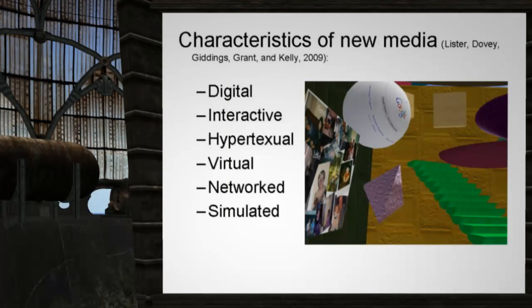So here are some of the characteristics of new media, and it includes: it's digital, it's interactive, and it's linked, hypertextual, and it's virtual, it's networked, and it's simulated. And I can see all these characteristics in virtual world environments like Second Life.